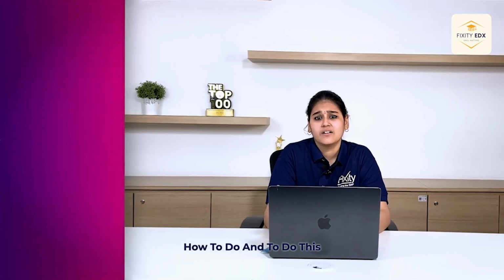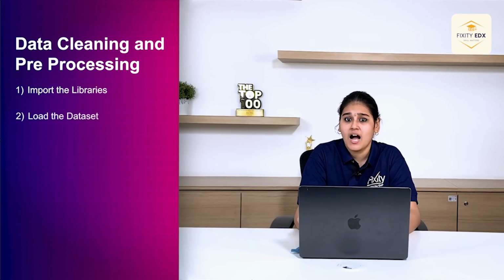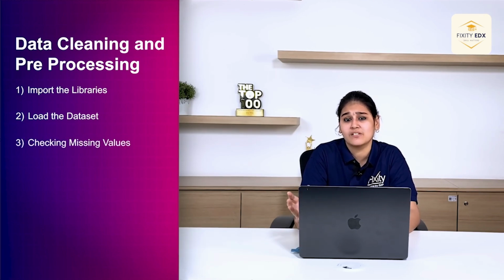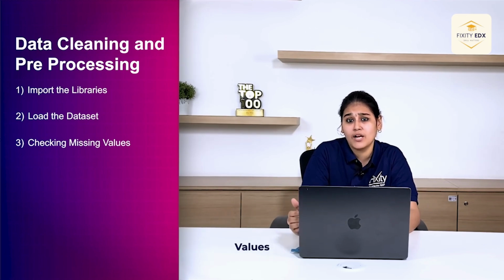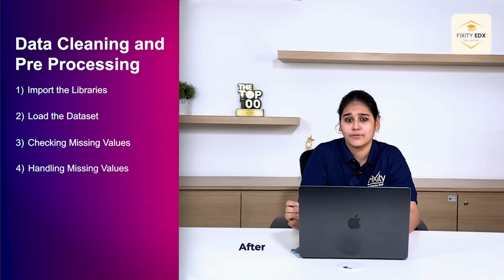To do this, we have certain steps. First, we have to import libraries. Then we have to load the dataset. After that, we should observe the data. For that, we need the head function. After that, we have to see whether our data has missing values or not. If it has, you have to fill the values or drop them.